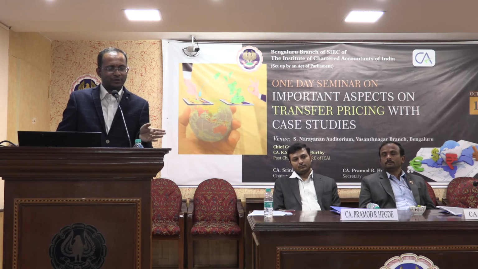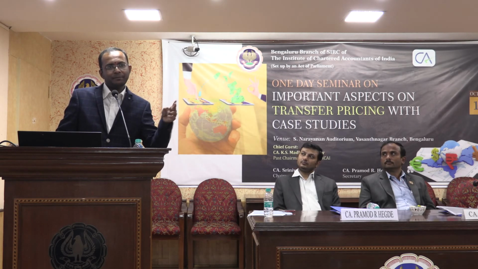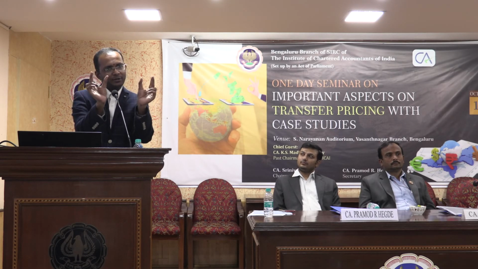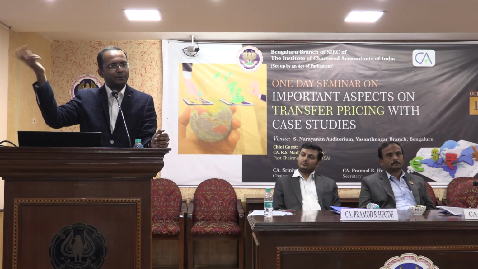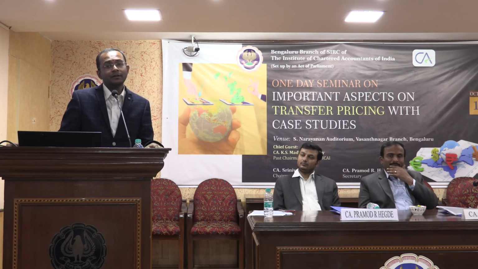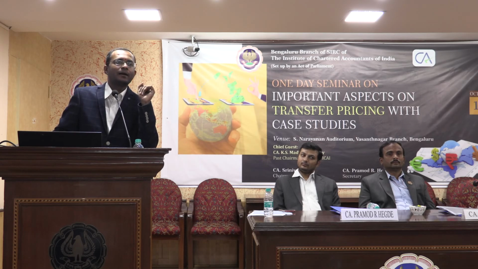There are two dimensions to it. One is the parent company is making losses. The other part is 10% instead of 15. We need to take them as two different arguments. Now when we say that the parent company is making losses, therefore please keep our remuneration low, are we willing to keep the Indian company as a risk-bearing entity? No. That's the question.